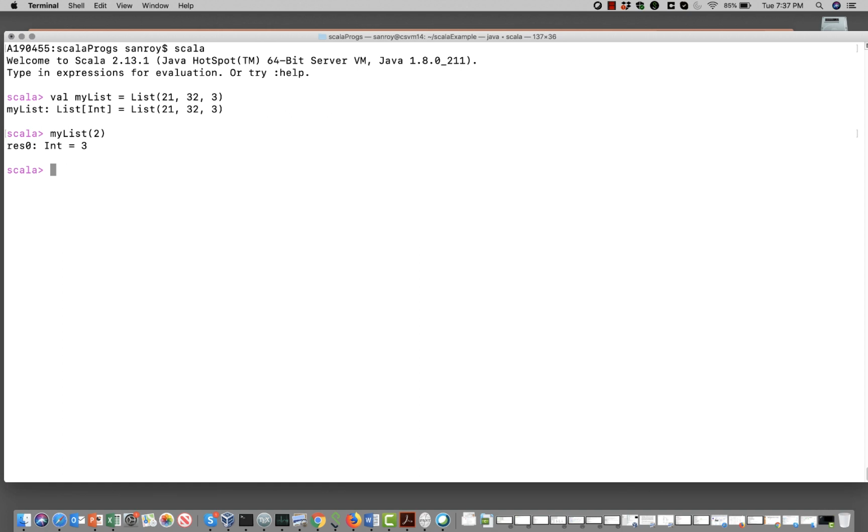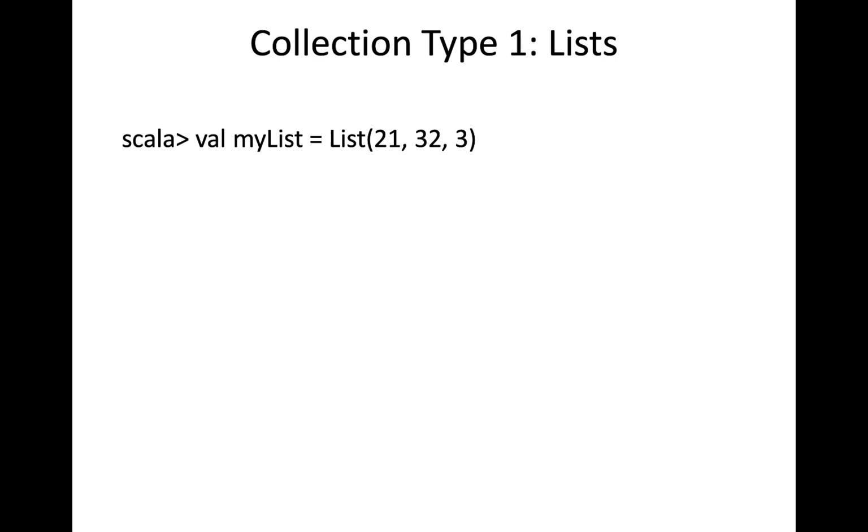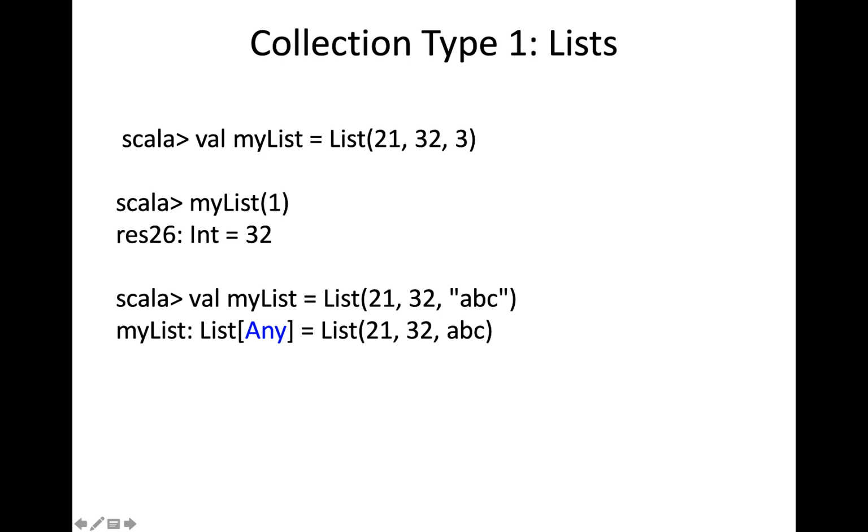Okay, now let's go back. And what other examples we have here? We have another list which has a mixture of items, some integers and one string. So if we create a list like that, Scala will understand it is not of type integers, it is of type any.